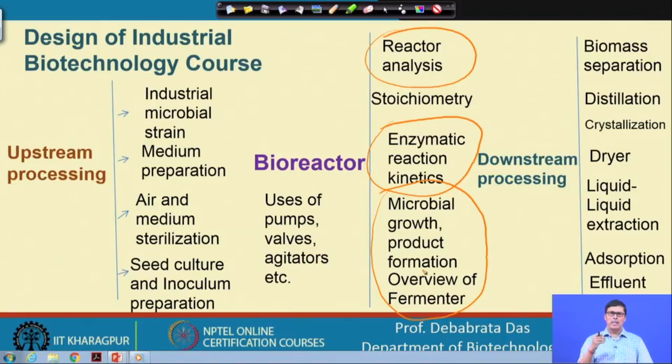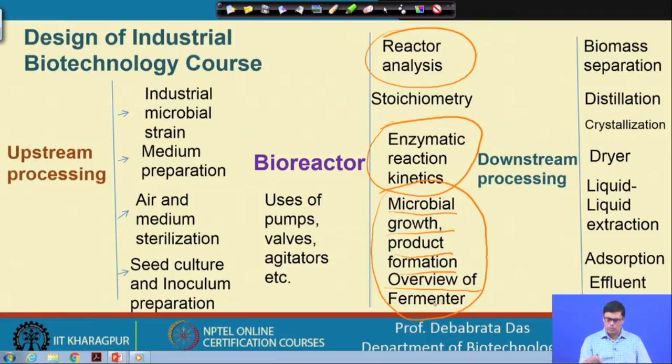For example, Aspergillus niger can convert sugar to citric acid, but the yeast Saccharomyces cerevisiae can convert sugar to ethanol. We use other organisms for different purposes. So microbial growth kinetics, product formation, and substrate degradation we discussed in detail in this particular course.